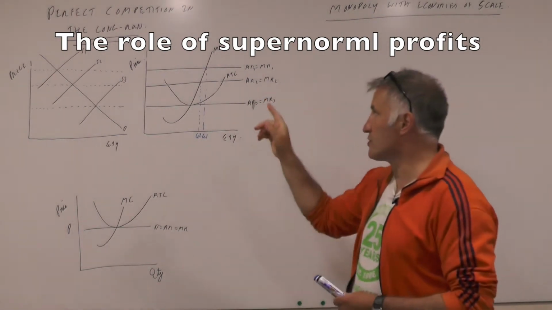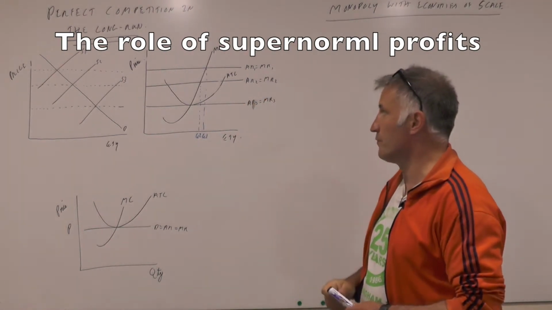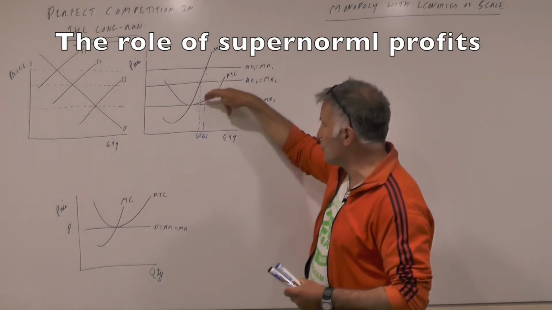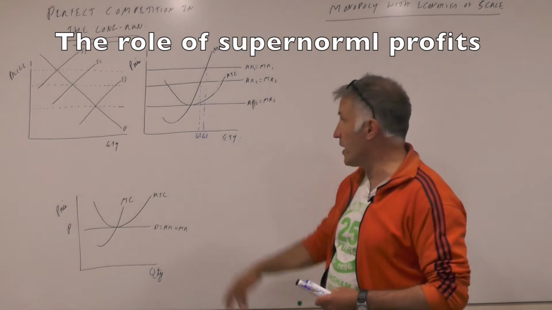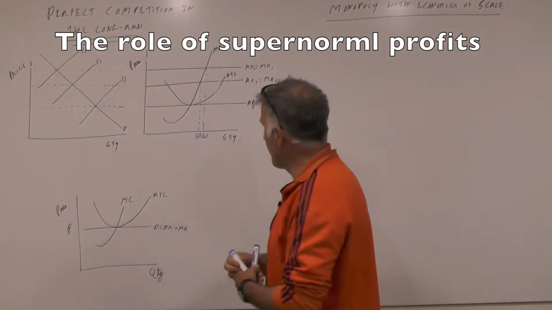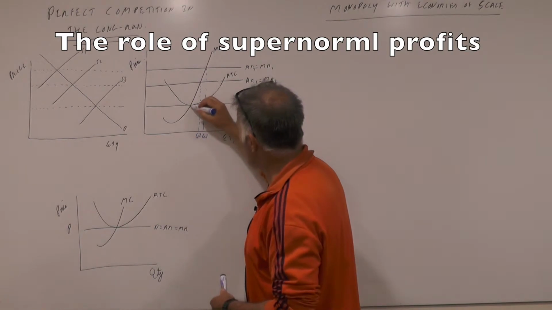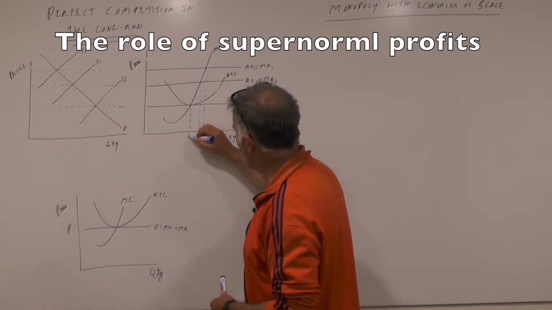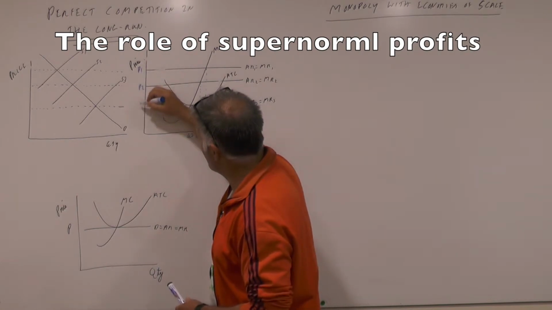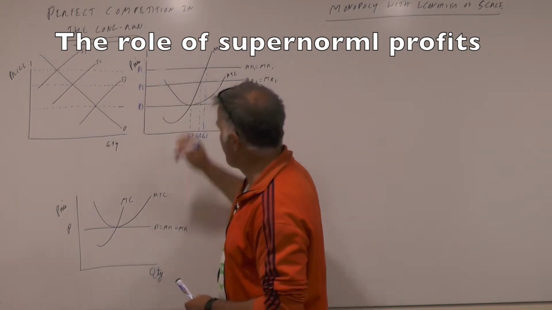Okay, so suppliers move from S1 to S2, and price has still fallen, but we're still making supernormal profits. That's the price on there, and that's the average cost. So therefore the supply moves again, and we eventually move to S3, and that gives us Q3. And we've also got P1, P2, P3 on there.